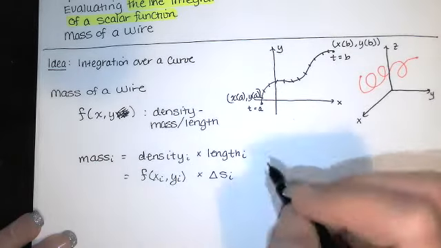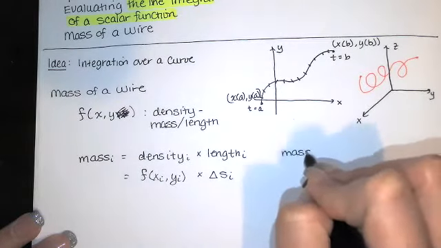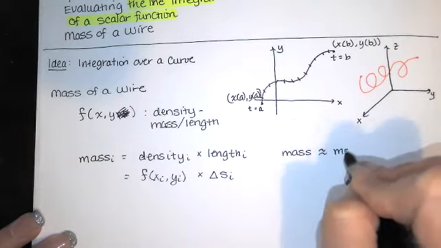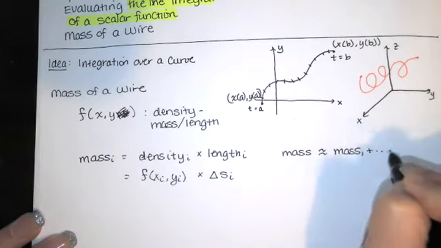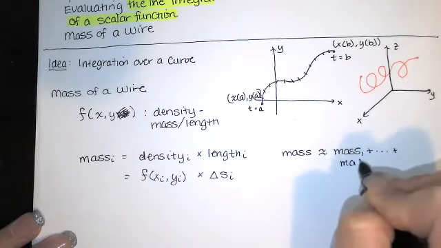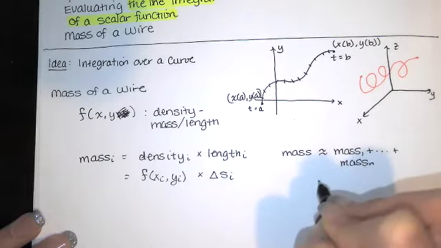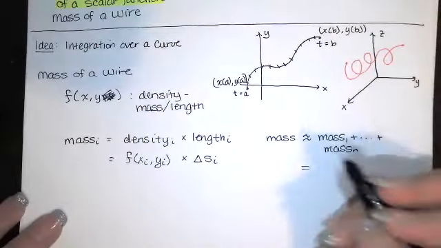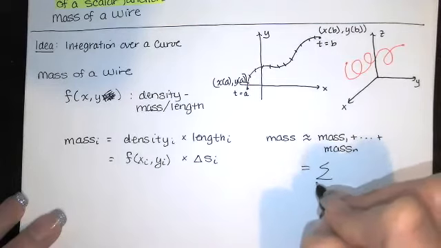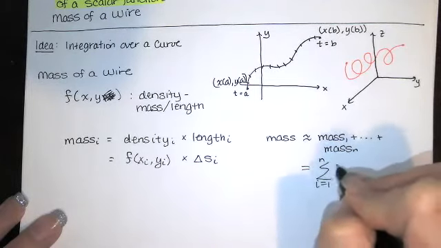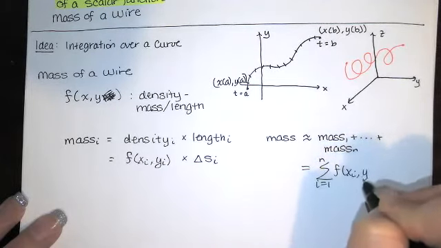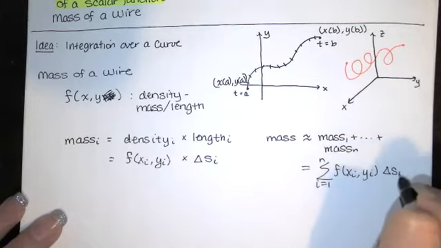Now, of course, if I want the total mass, I just add all of those masses together. I've got n of them. I don't want to have to write out all n of them, so I use sigma notation. I end up with something like this.